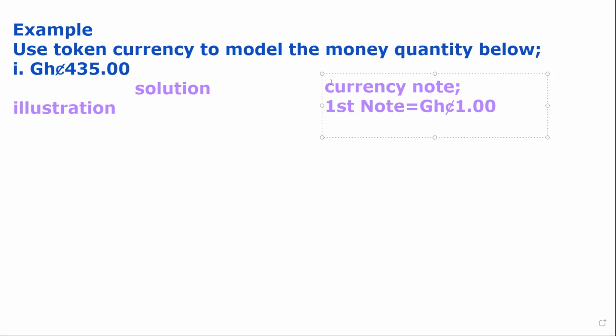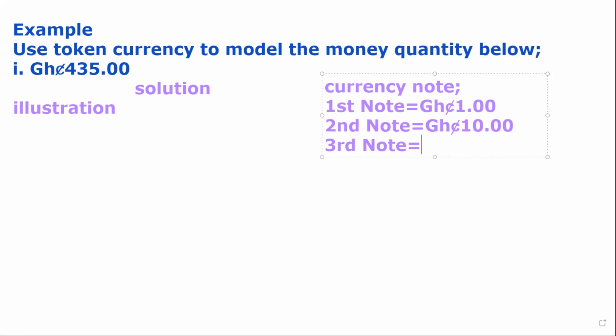Then the second note will be 10 times the first one. So 10 times 1 Ghana cedi will be 10 Ghana cedi. The third note will also be 10 times the second note, and that will be 100 Ghana cedi.